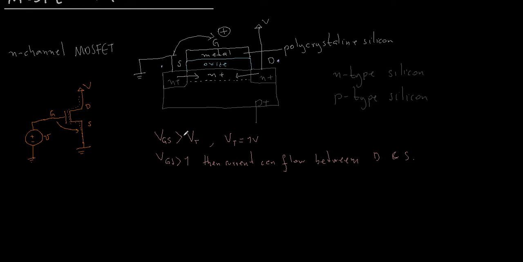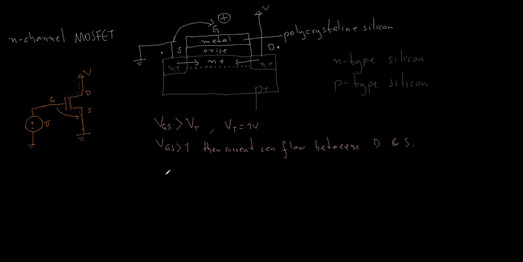If that's the case, then there is an equation that governs how much current is going to flow from the drain to the source. We call this current IDS, I drain source, and IDS is going to be given by a constant K times the following expression: VGS minus V threshold times VDS, which is the voltage between the drain and the source here.